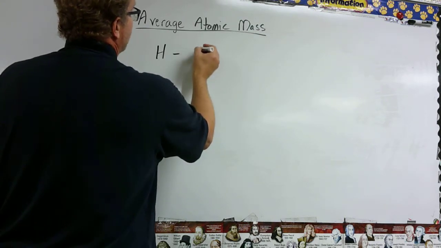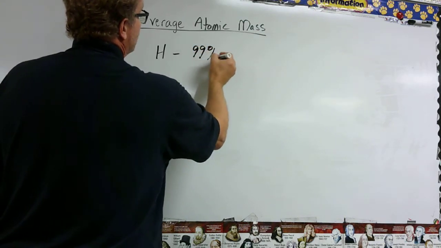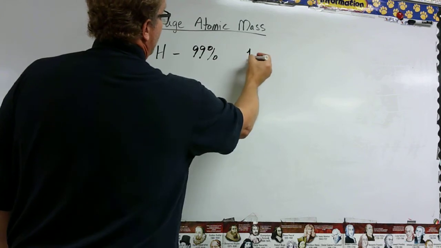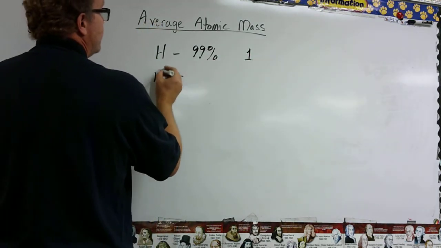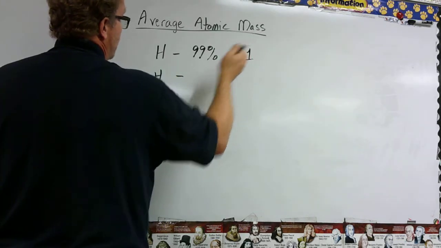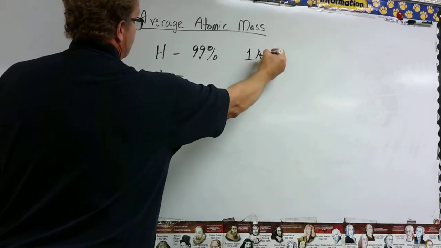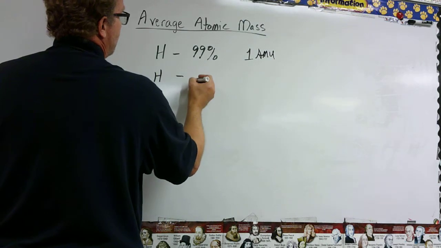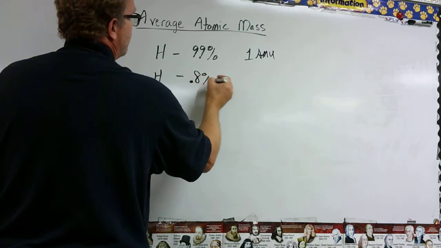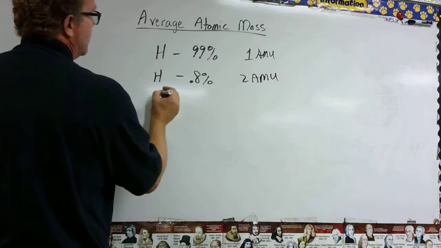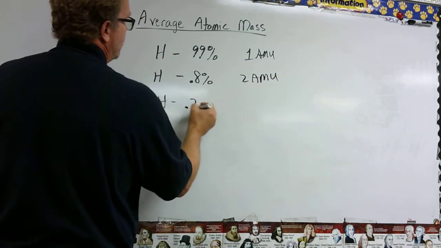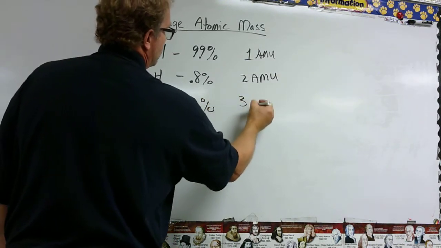Let's say that 99%, I'm changing the numbers around, have a mass number of 1. That's my mass. And let's say I've got 0.8%, which has a mass number of 2. And let's say I've got 0.2%, which has a mass number of 3.